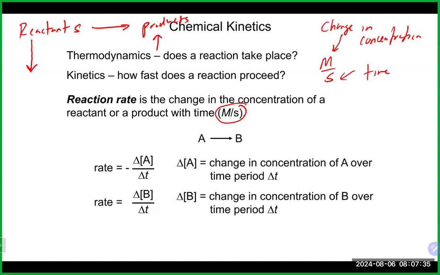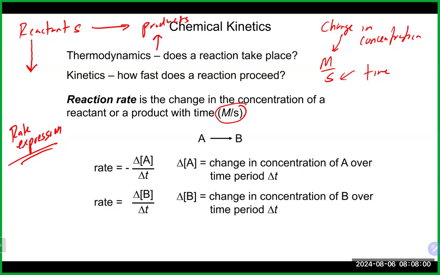So we do see, over a period of time, a decrease in the amount of reactants and an increase in the amount of products. This gives us an opportunity, for both reactants and products, to write what is sometimes referred to as the rate expression. And the rate expression is just that. It expresses how the concentration of either a reactant or a product is changing with time.